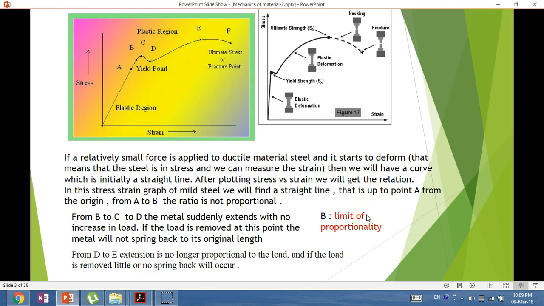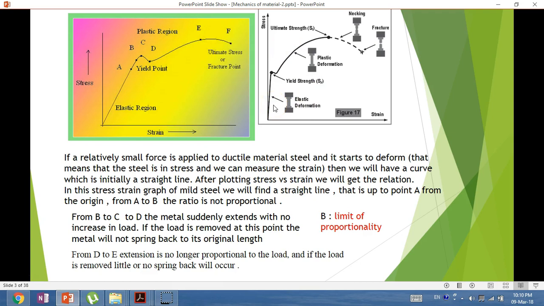This point B, we call it limit of proportionality, and from D to E, this extension is no longer proportional because it's taking another slope, and we will find out that there is increase in the strain. And if the load is removed, little or no spring back will occur.